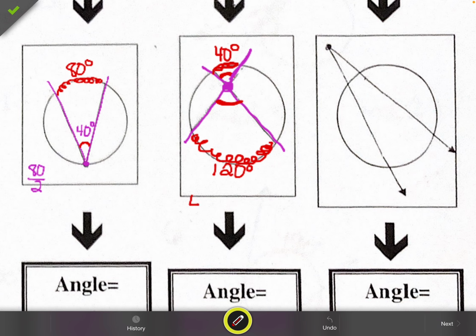I take the first arc and I add it to the second arc and I divide it by 2. So 40 plus 120 is 160. 160 divided by 2 would give me a measurement of 80. So this angle in here would be 80 and the vertical angle would be 80. I'm not going to write it because I don't really have enough room. So arc plus arc divided by 2.